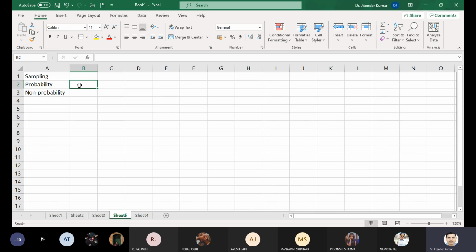You can collect samples in various ways. Probability sampling is when all the individuals living in Noida have got equal chance. If I'm telling you that your sample size should be minimum 500, what can you do?